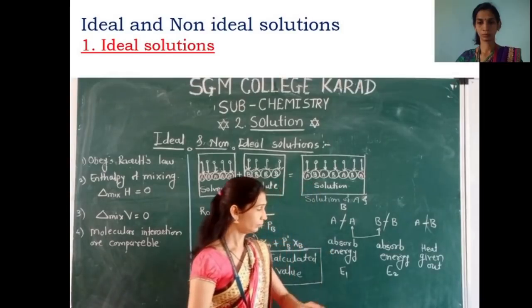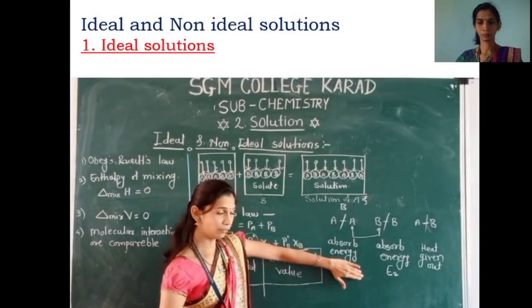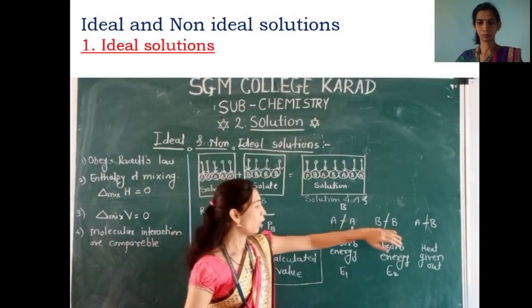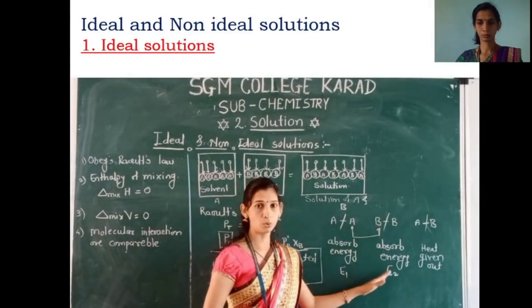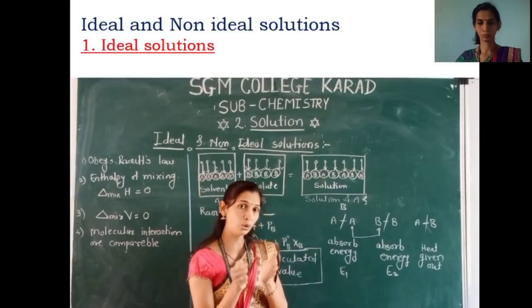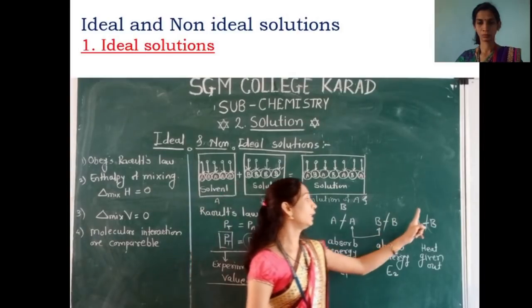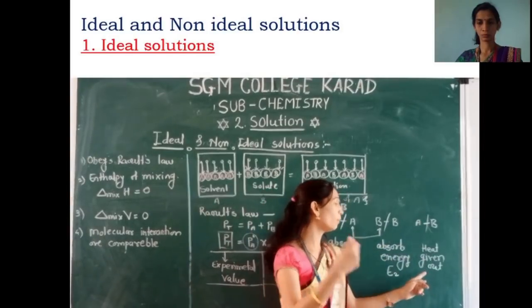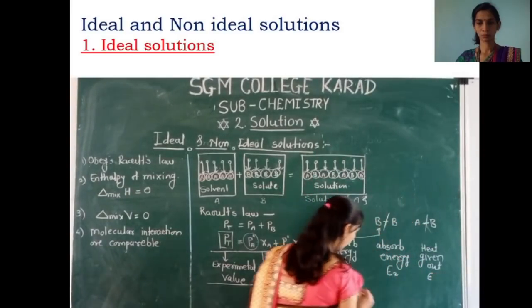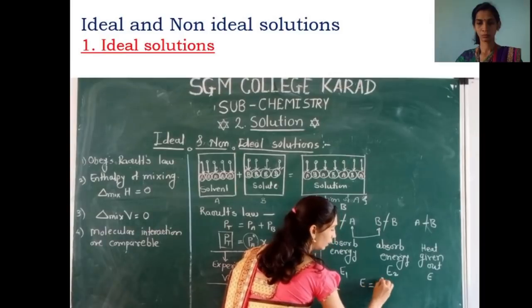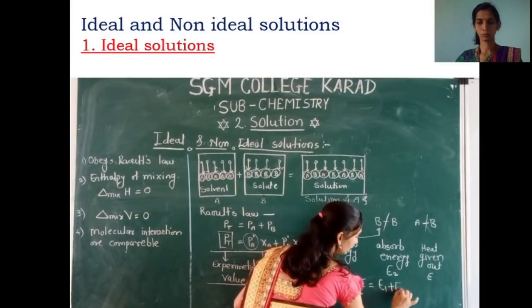But how much heat will be absorbed by the solvent? How much heat will be absorbed by the solute? The value of these two is equal to the heat evolved, or heat given out, by that solution. That means the value of E is equal to E1 plus E2.